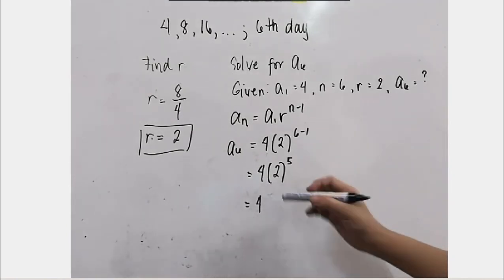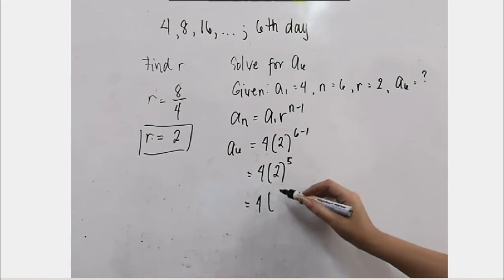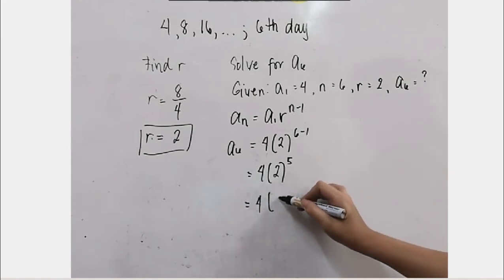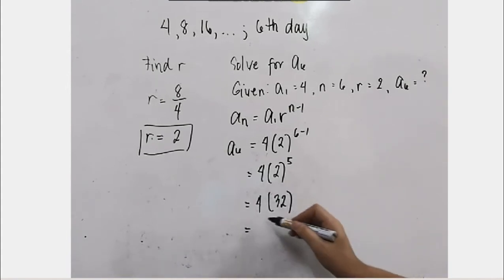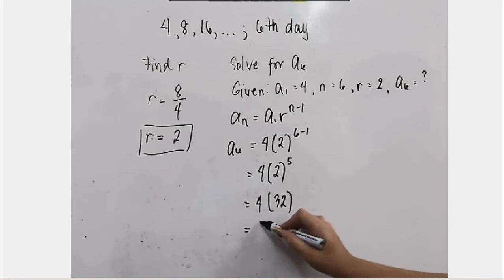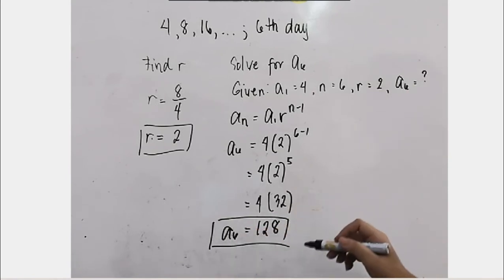That will give us 4 times 32. So 4 times 32, we have 128. So a sub 6 is 128. Since this is a word problem, please do not forget to write your conclusion.